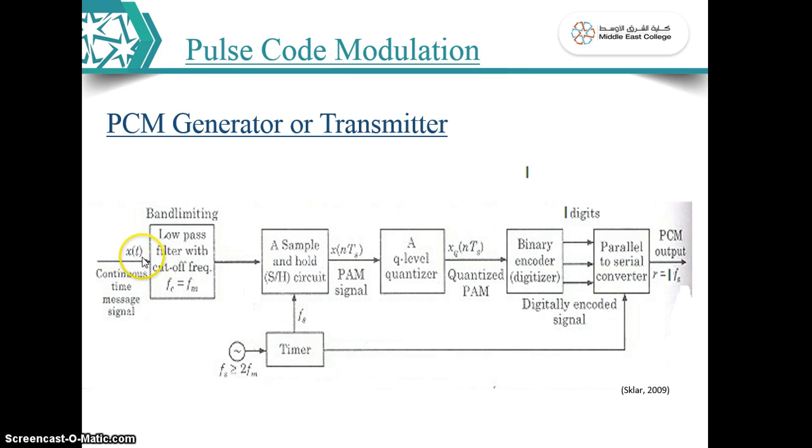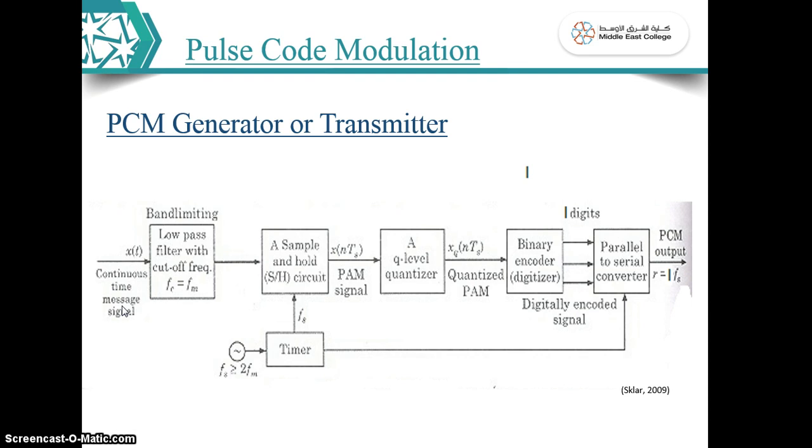So x(t), that is our message signal. Anyway, this is a digital pulse modulation technique, so digital pulse means your message should be in digital. And this x(t), this message signal, is a continuous time signal. As I told you earlier, all the signals available in nature, in the real world, are analog, continuous time in nature.